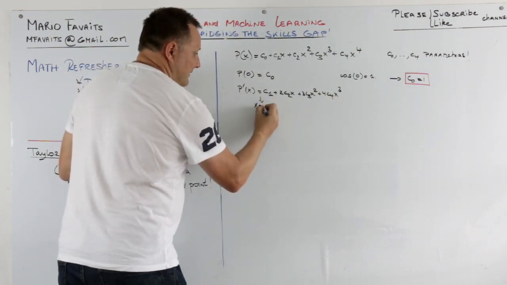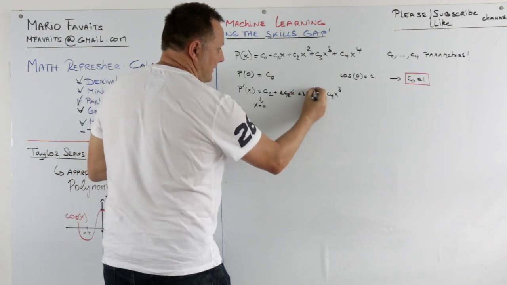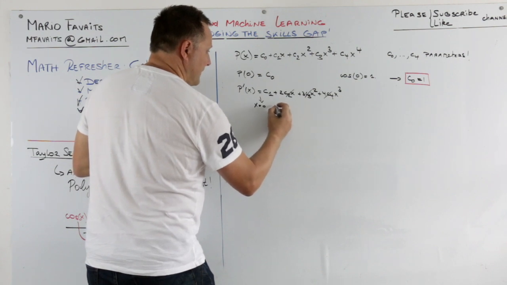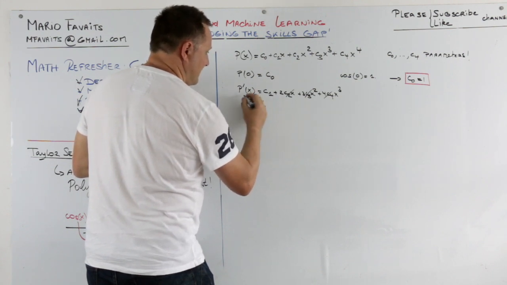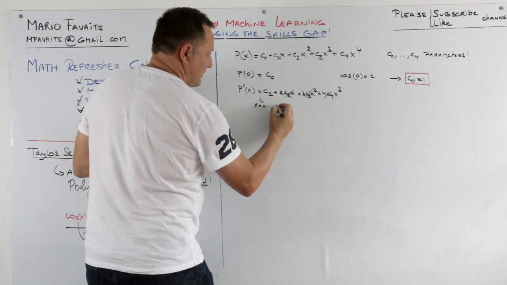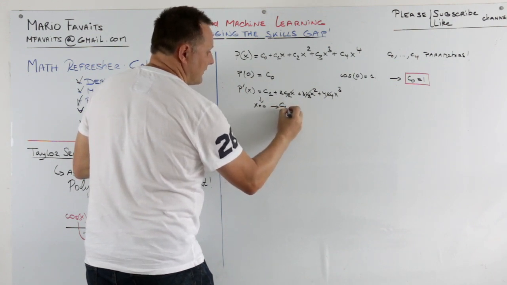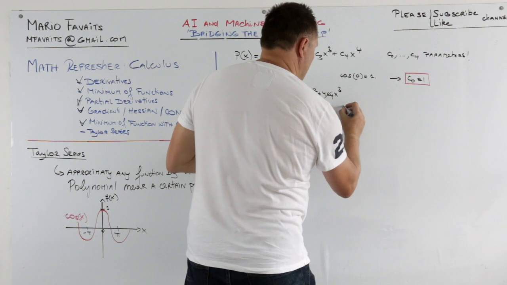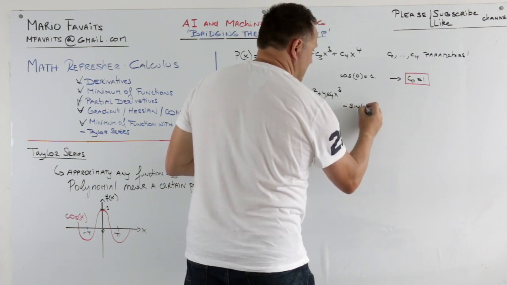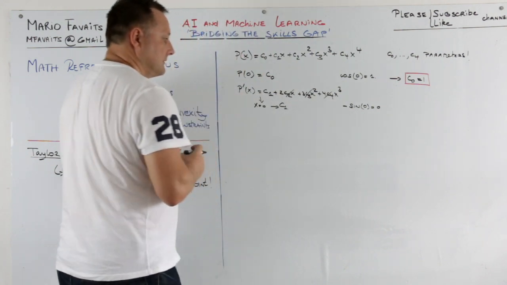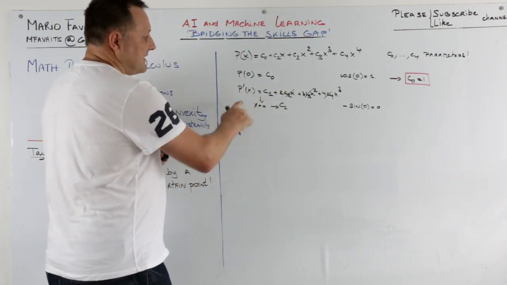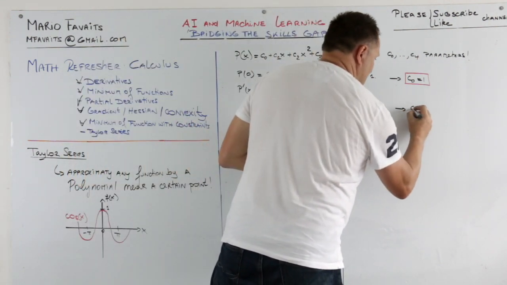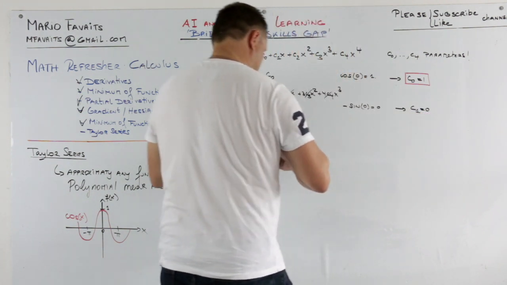At the point x is 0, all these disappear, so we're left with C1. If we take the derivative of the cosine, we have minus sine x, and at 0 that is 0. So this needs to be 0 at x is 0, so C1 has to be 0. C1 equals 0.